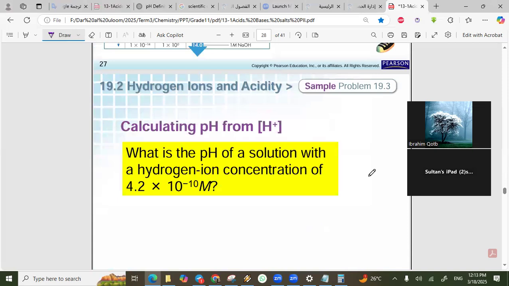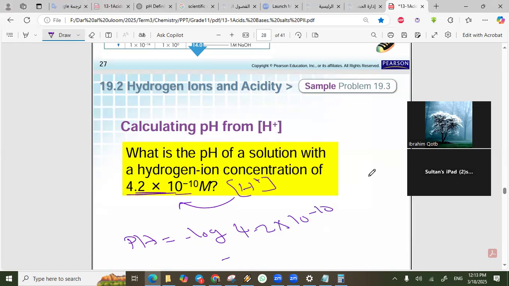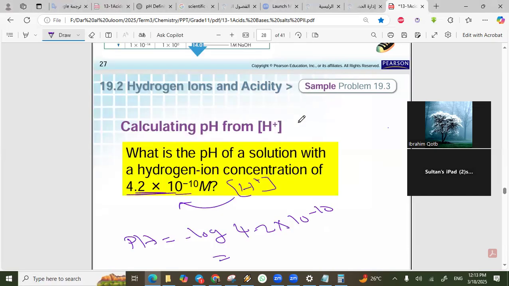Let's answer this one. What is the pH of a solution with hydrogen ion concentration 4.2 times 10 negative 10? This is the H plus concentration. Okay, so apply the rule: pH equals minus log, and put this number after the log, 4.2 times 10 to the power negative 10.